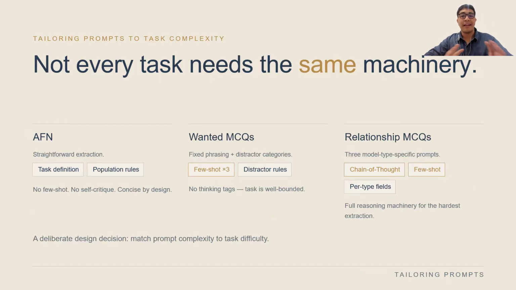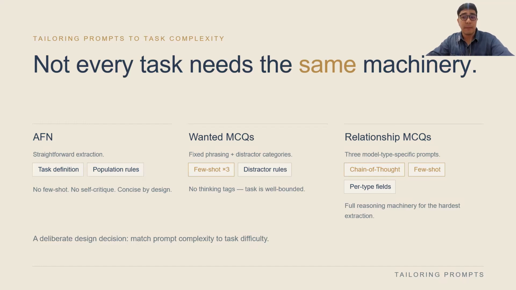One thing I learned for the prompts was that not every prompt needed to have the same complexity. For instance, the asking for a number prompt was deliberately kept concise. I only included the task definition and population instructions. There was no need for fancy prompt engineering techniques such as few-shot or chain of thought.